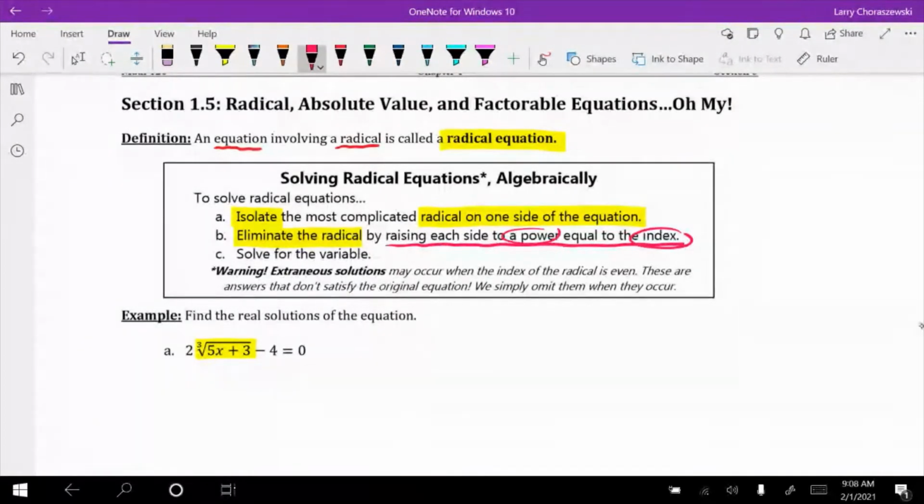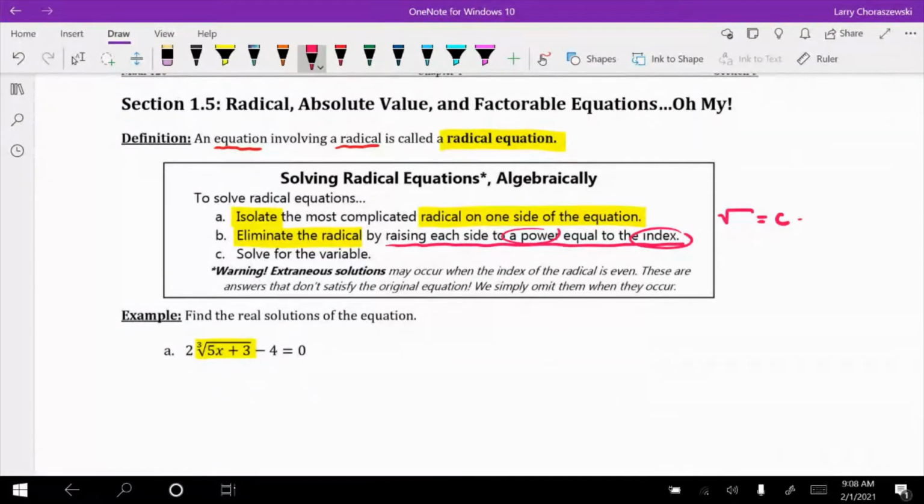Okay, so as an example, let's say we isolated a square root expression. Let's say that that's equal to some sort of other expression. We'll call it C, I suppose.